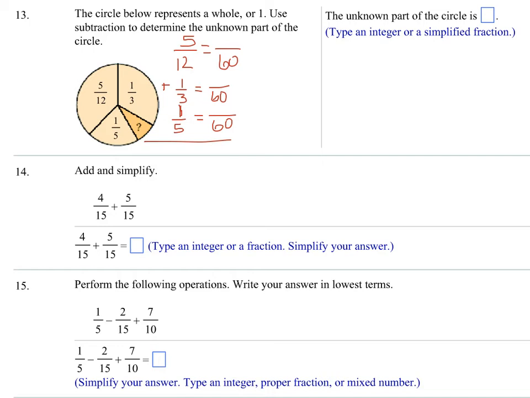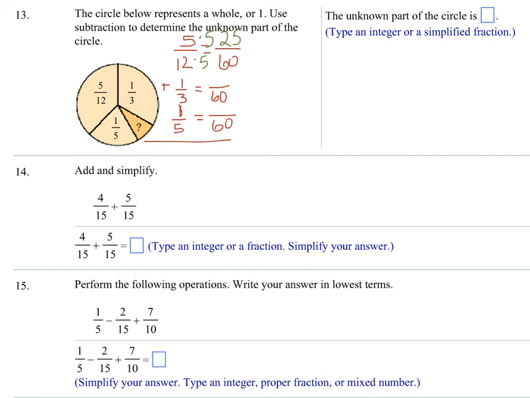Because 12 times 5 is 60, I need to multiply the numerator by the same number. So 5 times 5 is 25. So 5/12 is equal to 25 parts out of 60 parts.